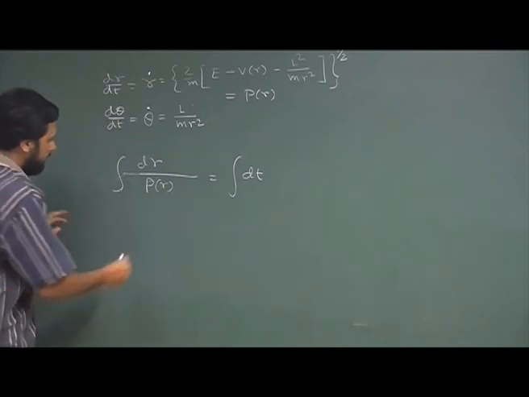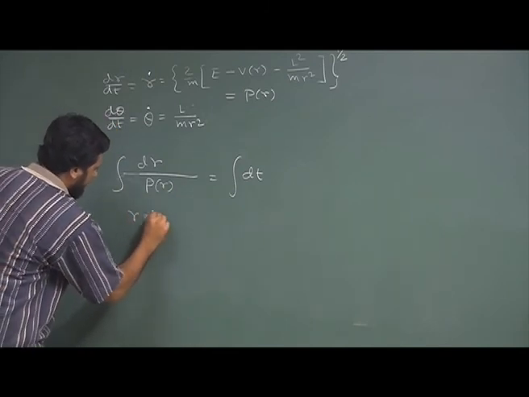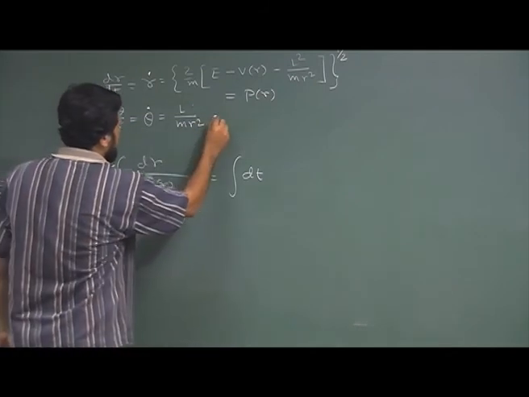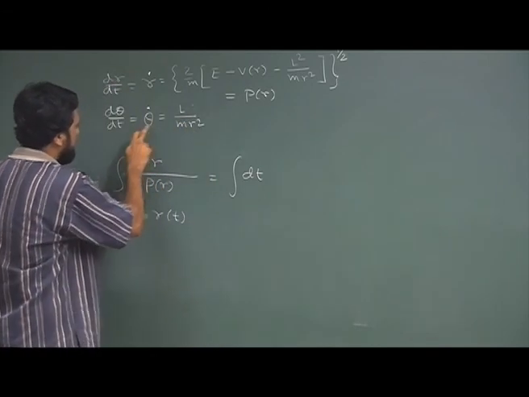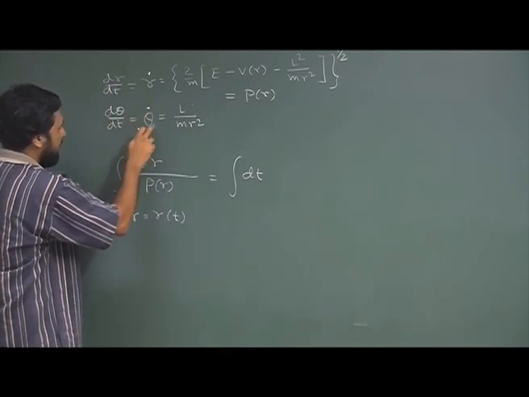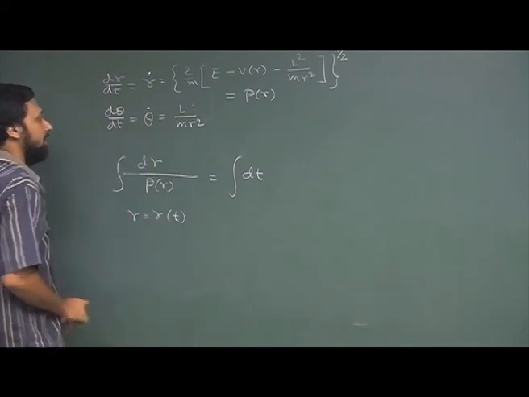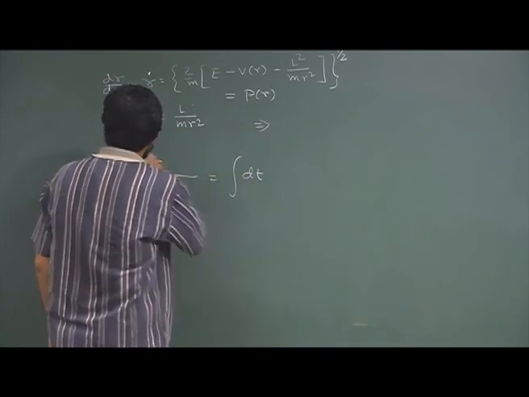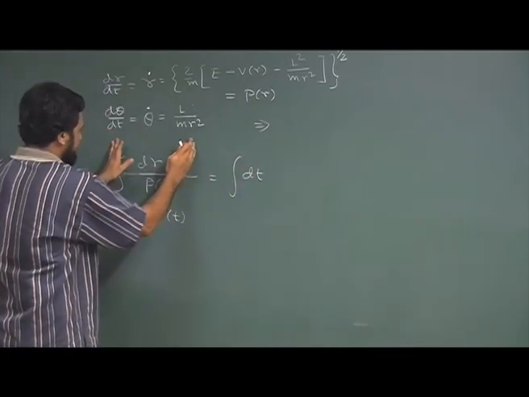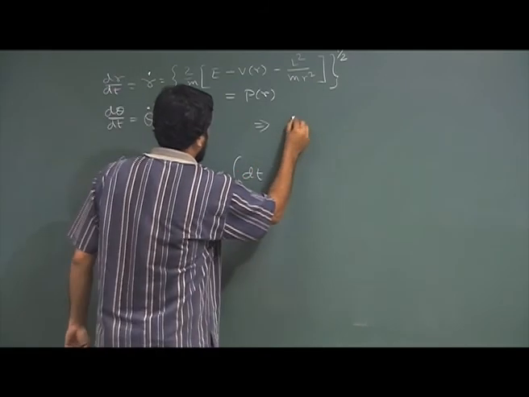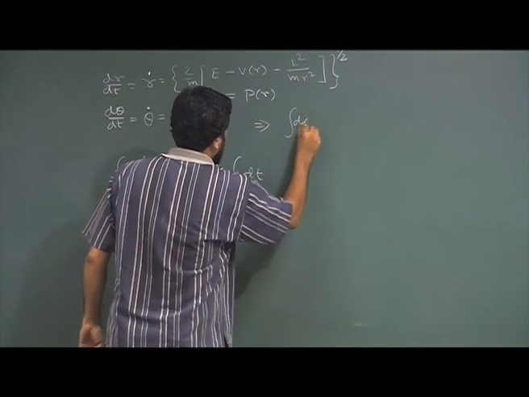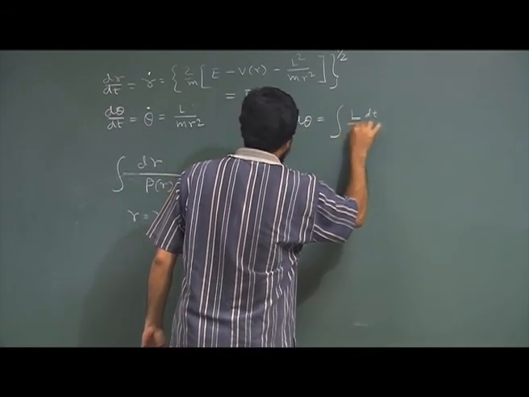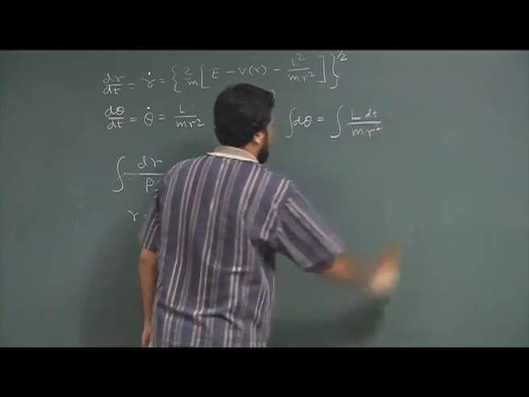Now, performing this integration will give me r as a function of time, right. The equation we have for theta dot is theta dot equal to L by m r square. This can be rearranged to get integration d theta equal to L dt by m r square.